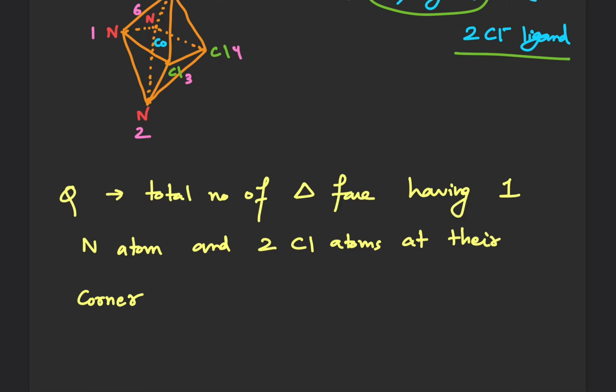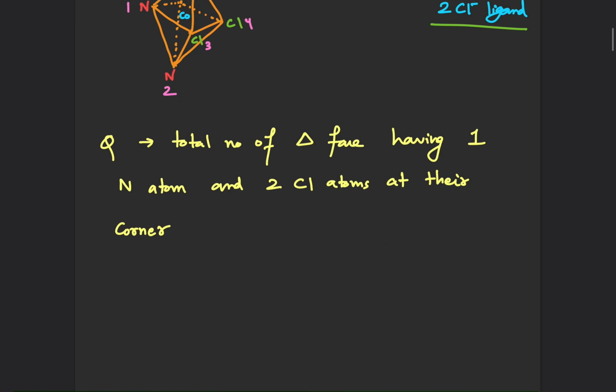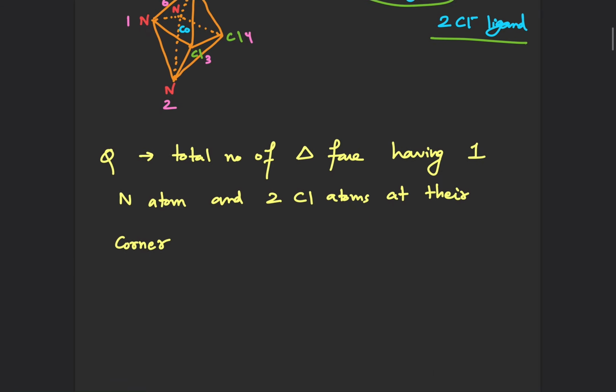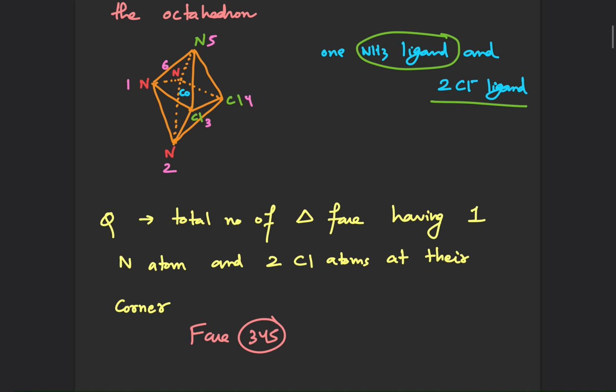So this is our aim. Therefore, in cis-[Co(NH3)4Cl2]Cl, face 3 4 5 has one nitrogen and two Cl.